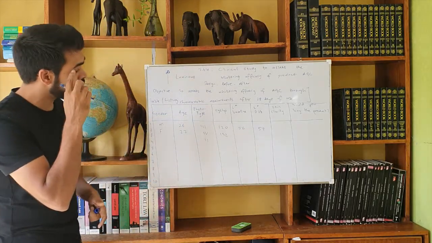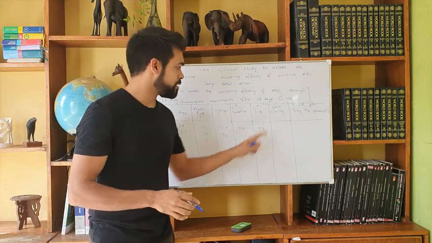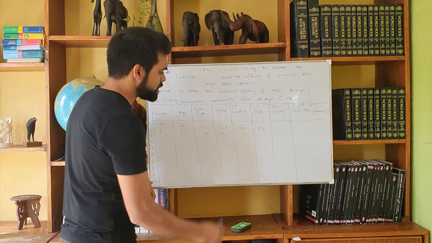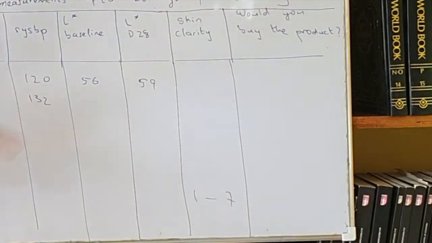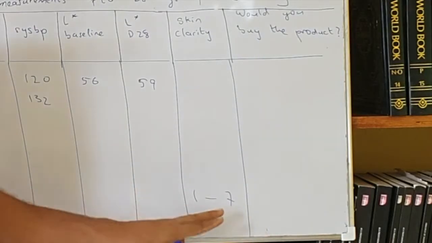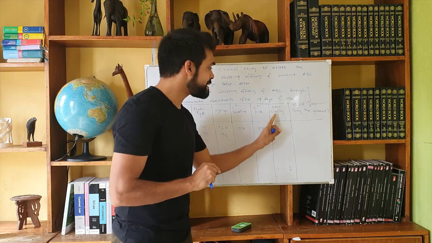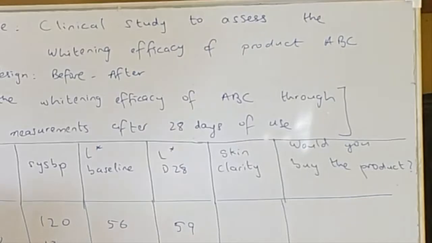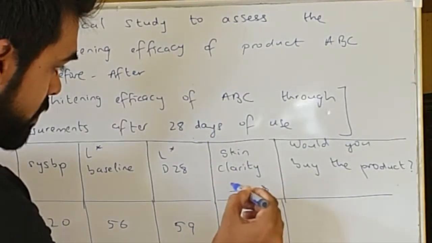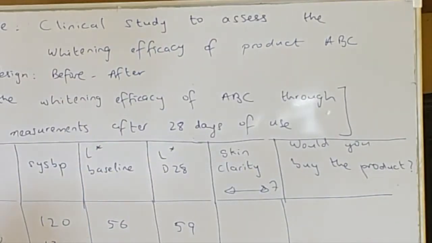Now the skin clarity, we are going to think of skin clarity as a sort of score between, let us say, 1 to 7. Given that the name of the variable is skin clarity, a big value for skin clarity would mean the skin is very clear, extremely clear.